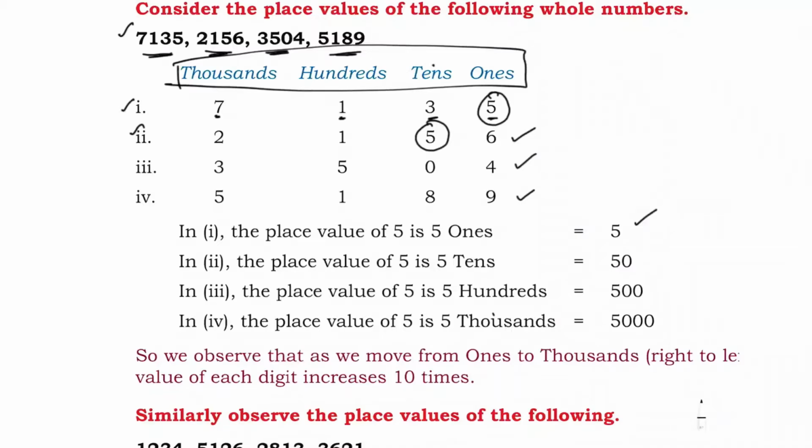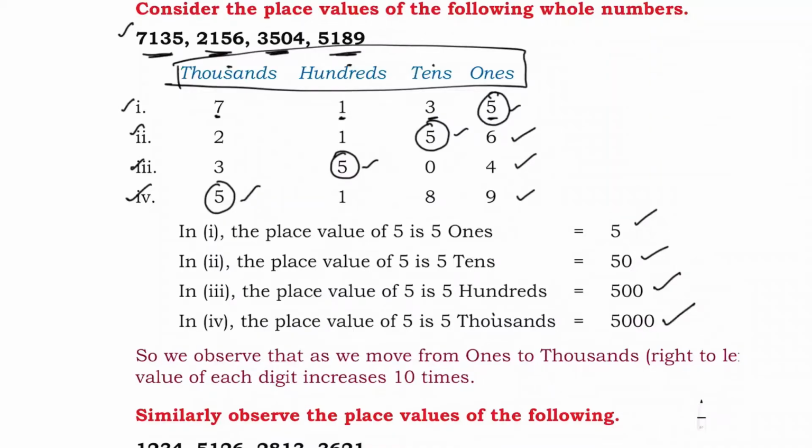That's right, so we can write it as 50. In the third number, the place value of 5 is 5 hundreds. Therefore, we can write it as 500. And in the fourth number, the place value of 5 is 5 thousands. Therefore, we can write the number as 5,000. You can see that it is 5 ones, 5 tens, 5 hundreds and 5 thousands.